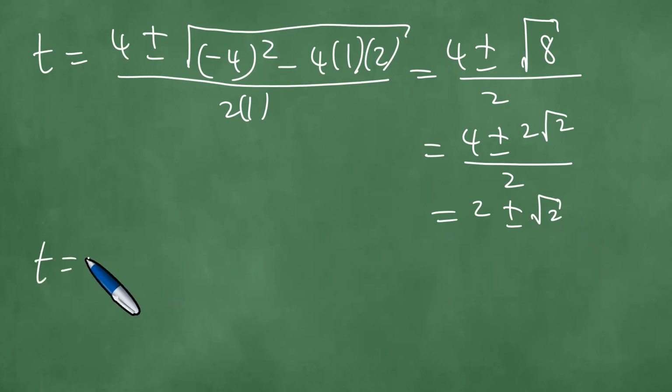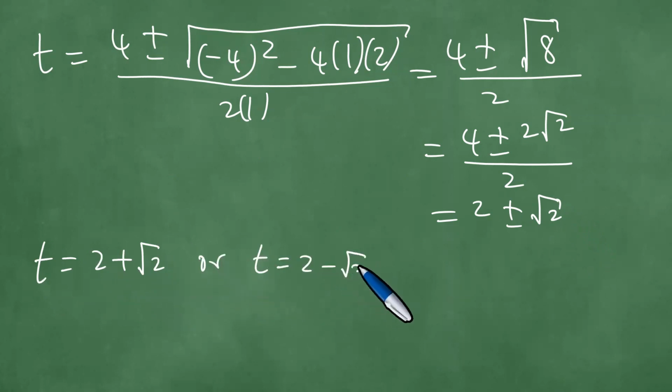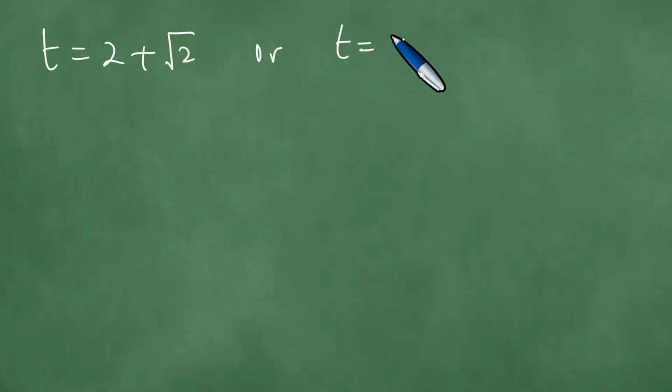And then it means that t is 2 plus the square root of 2, or t is 2 minus the square root of 2. Right, and this is the time here. So we understand, therefore, that t equals 2 plus the square root of 2, or t equals 2 minus the square root of 2 seconds.